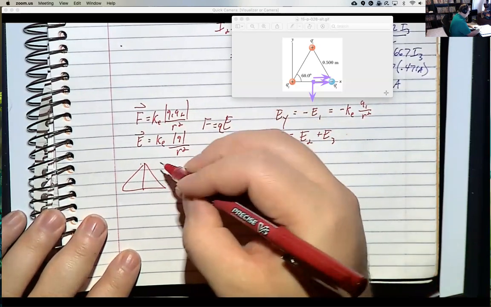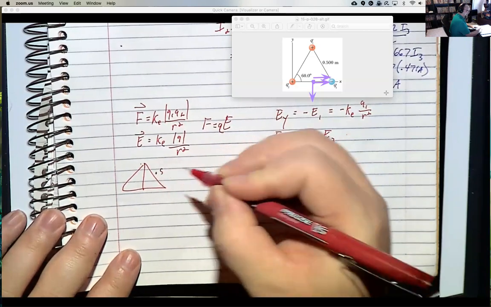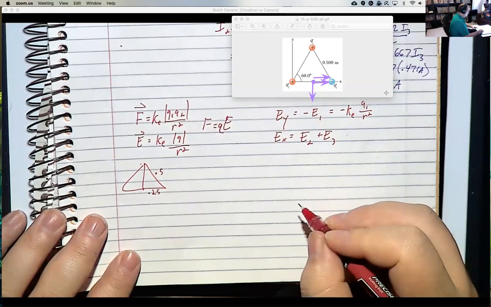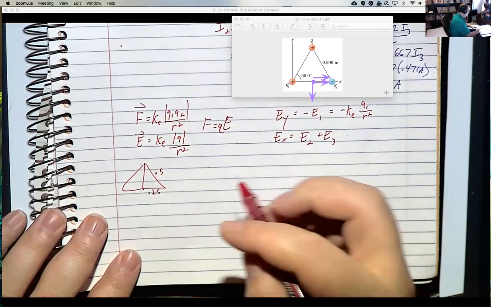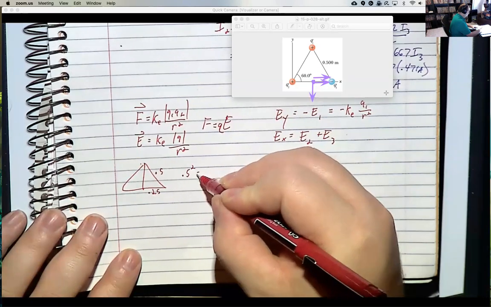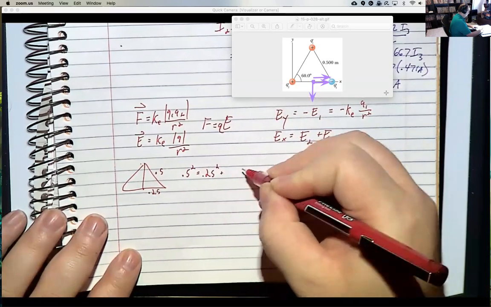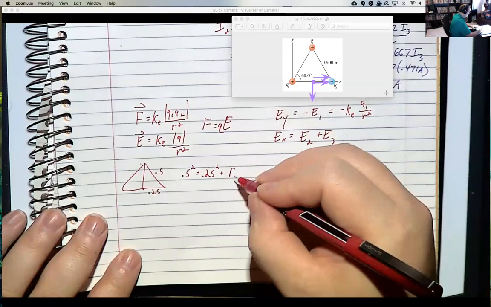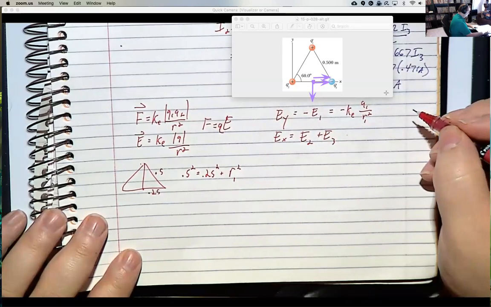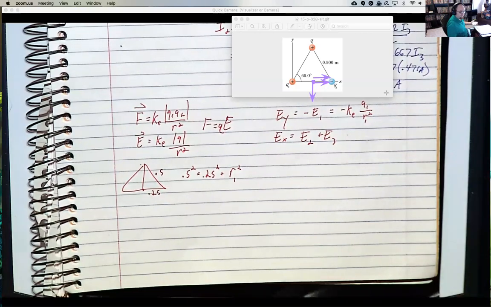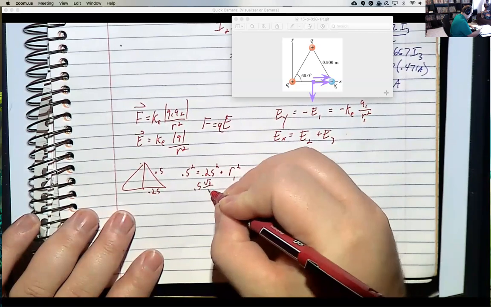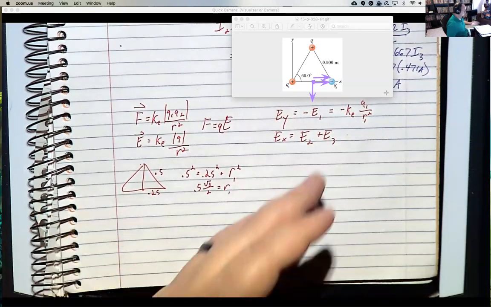If you don't have that memorized, this is 0.5, which means this is 0.25. I can say, okay, Pythagorean theorem: 0.5 squared equals 0.25 squared plus whatever we're looking for squared. You can do that math, and you're going to get 0.5 times the square root of 3 over 2.